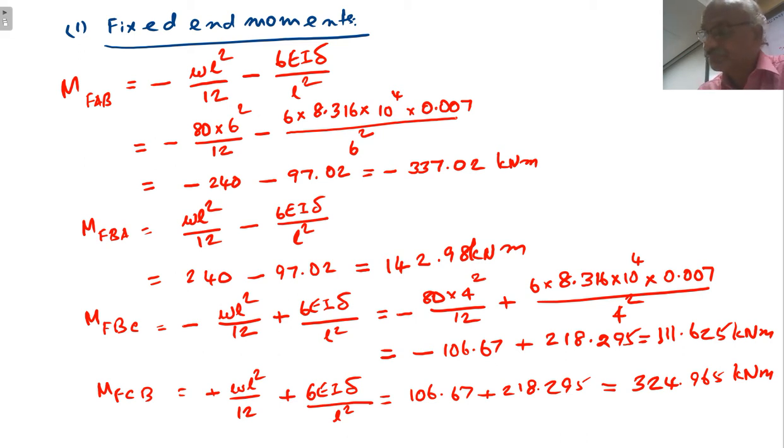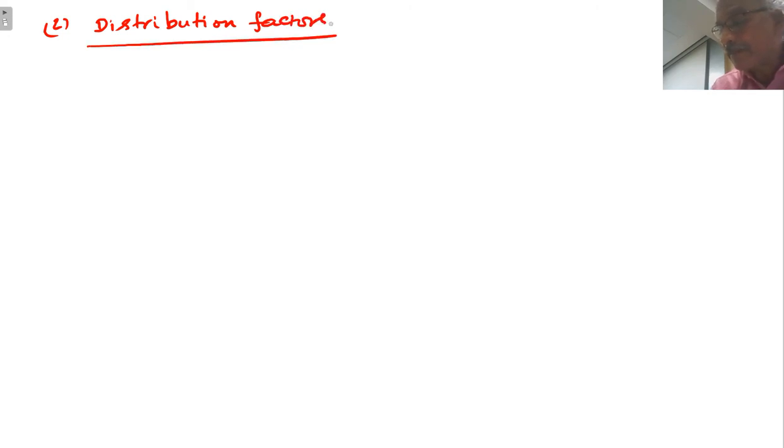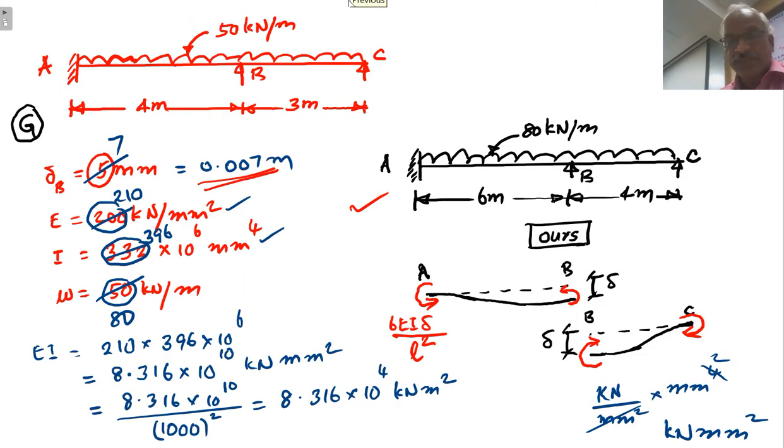Right. So in the moment distribution method, the second step is that of finding out the distribution factors. Coming to distribution factors, as we have discussed earlier, here the beam is ABC.